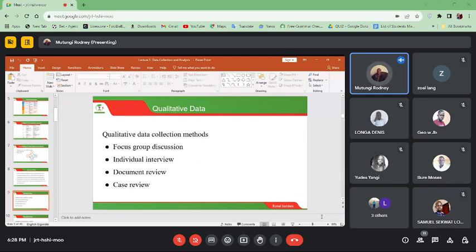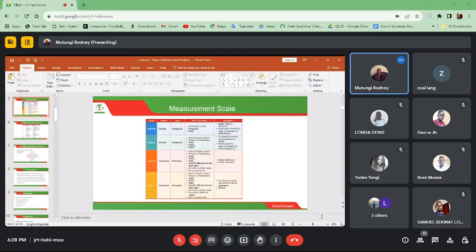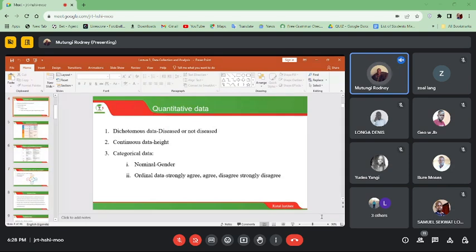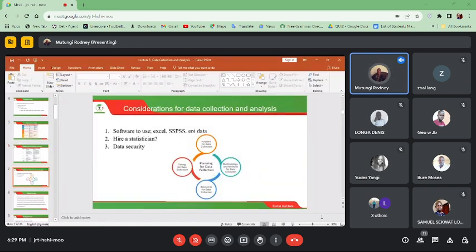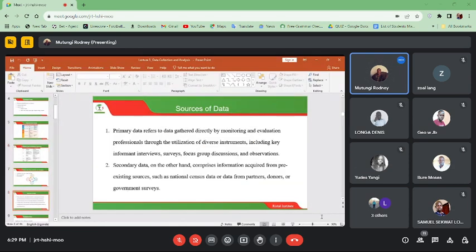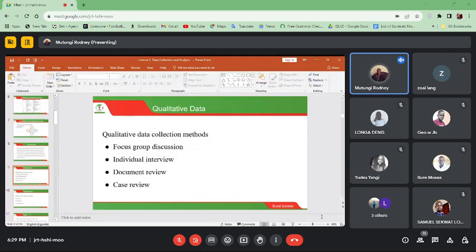How can we now collect data after knowing all these, after knowing the importance and how different qualitative and quantitative are? We now need to know the exact collection methods.